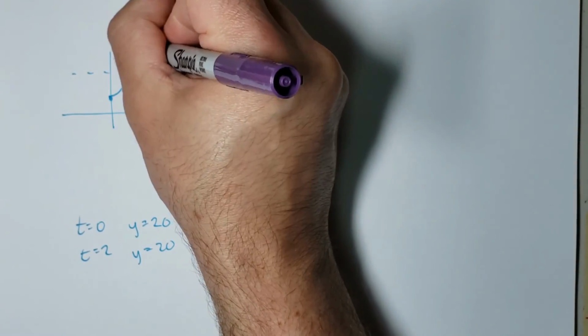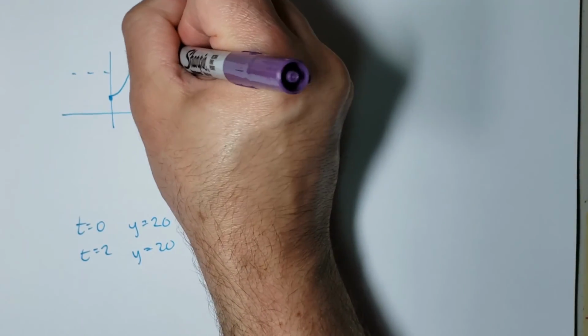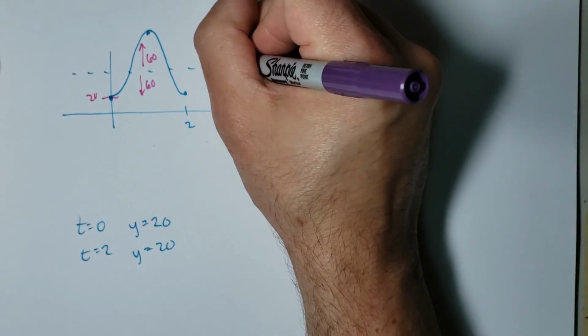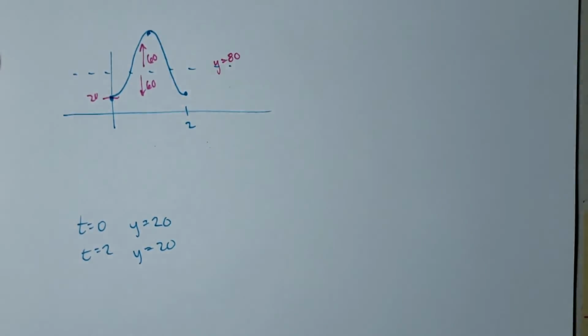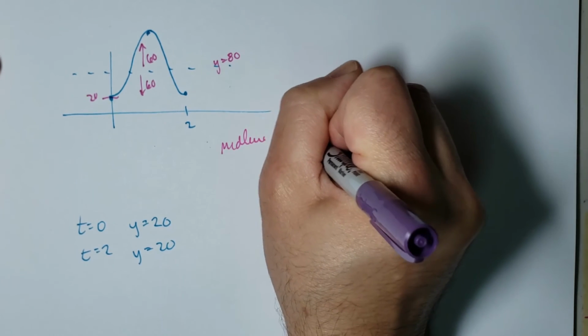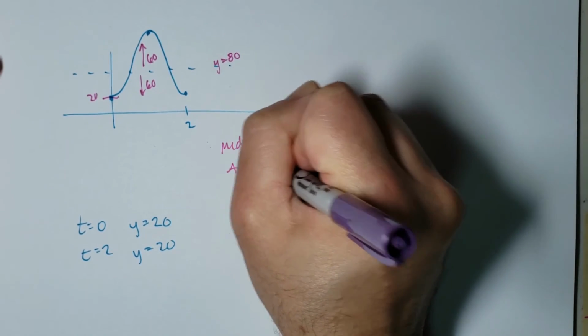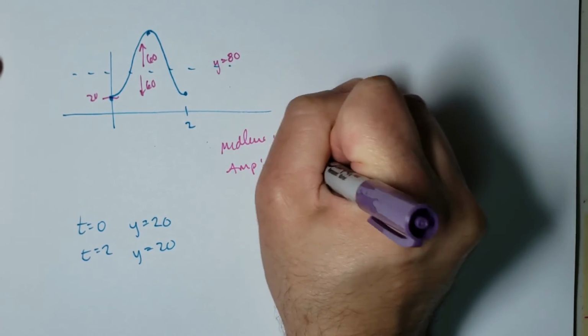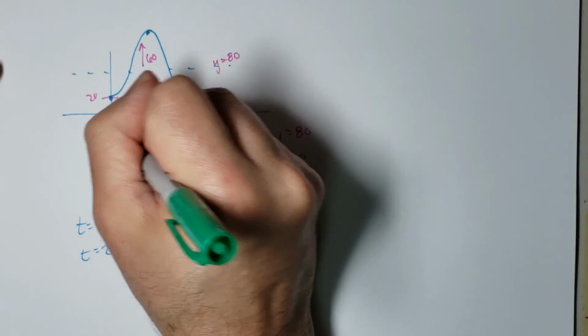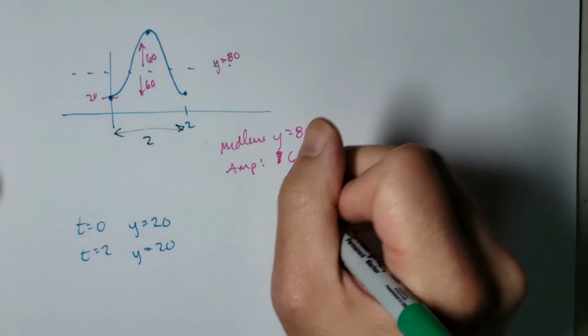This was 60, which means that if I was at 20, the midline is y equals 80, which is where it is at rest. So we have a midline y equals 80 and amplitude 60. The period is the distance it takes to repeat itself, so that is 2.